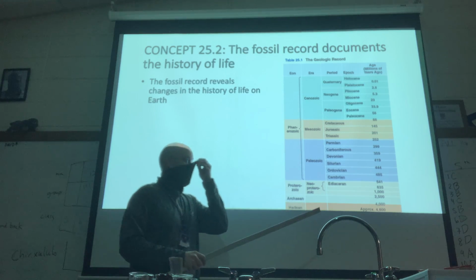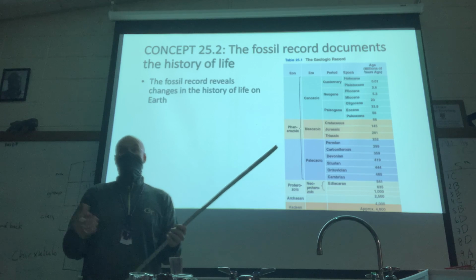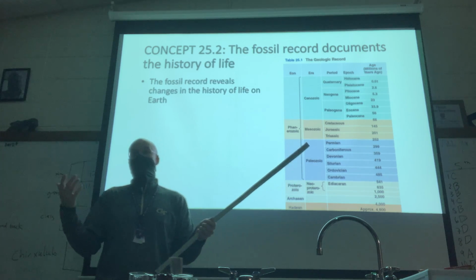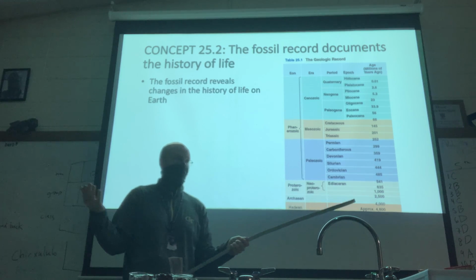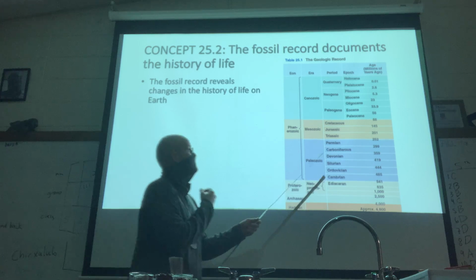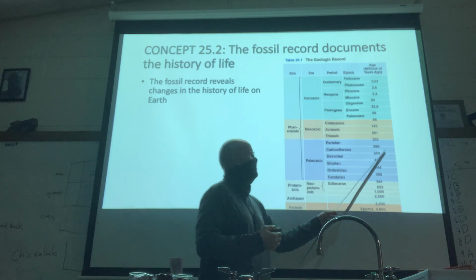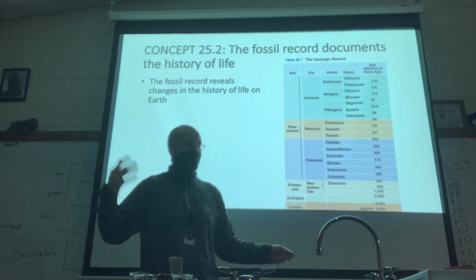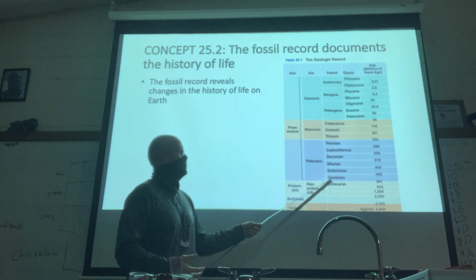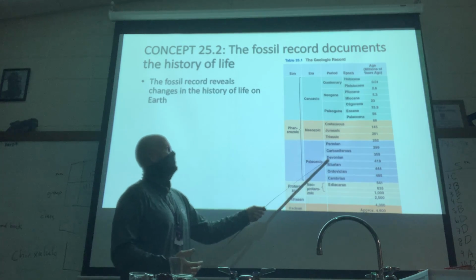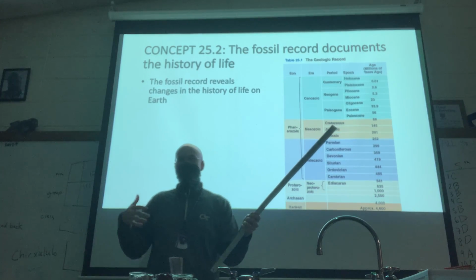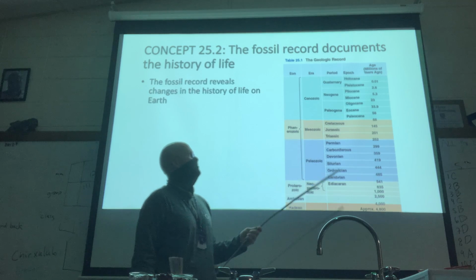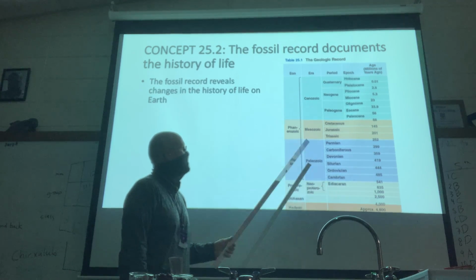Now, some of them have really weird names. A lot of them are named after the places where we first discovered the rock. They're not listed here, but in the Carboniferous, you actually have Pennsylvanian and Mississippian layers, which are named after those states. Cambridge, Devonshire. There's a lot of just places in here, so it might look a little weird at first.